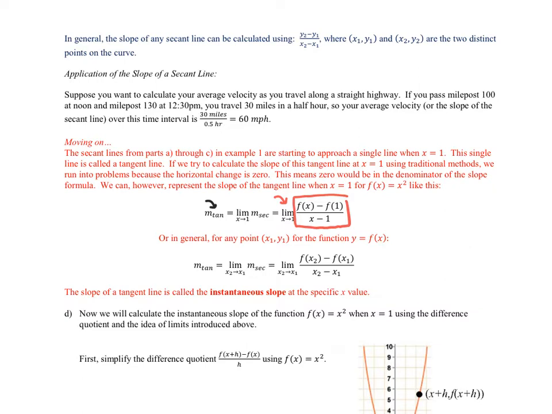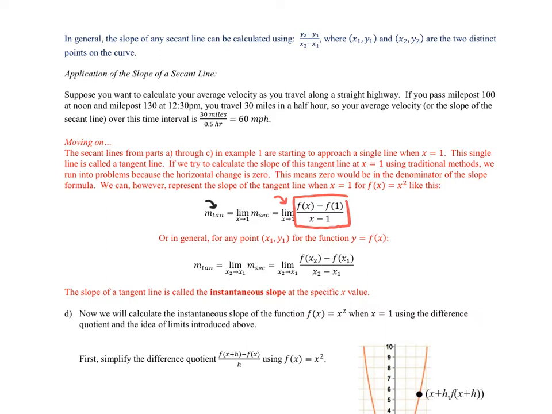Okay, so in general, for any point x1, y1, for the function y equals f of x, the slope of the tangent line is equal to the limit as x2 approaches x1 of the slope of the secant line. It looks just like this.